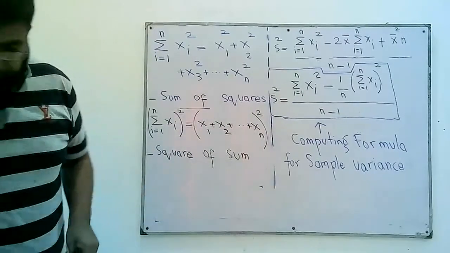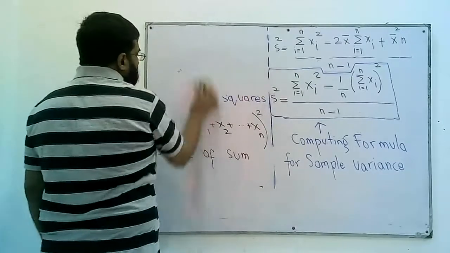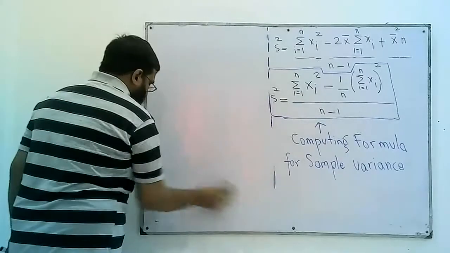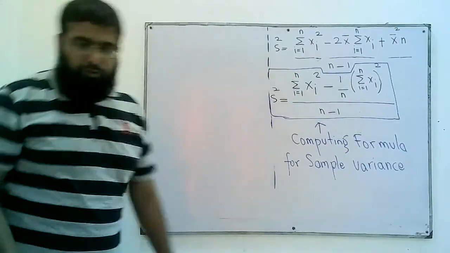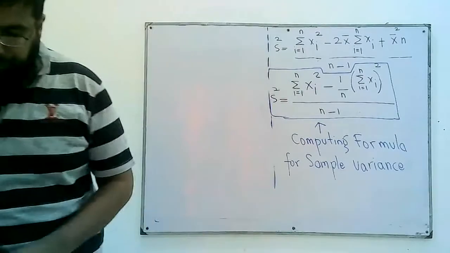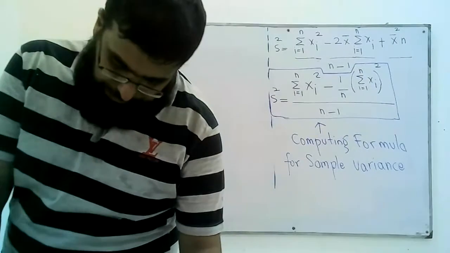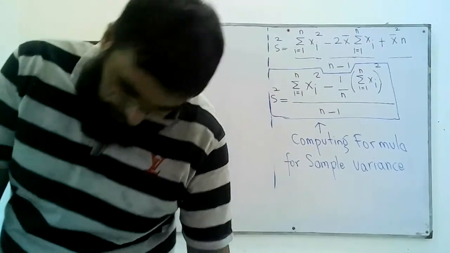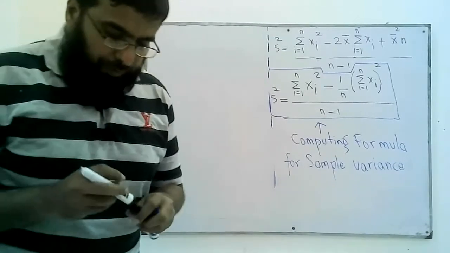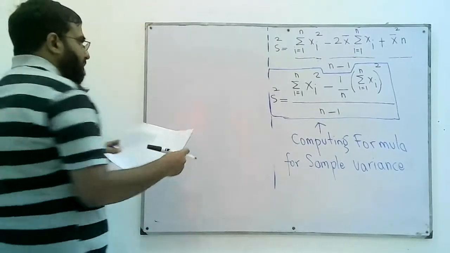It's efficient compared to the previous method, and we reach the same answer. This is very important. We reach the same answer in both cases, either through a difficult path or the easier path. That's the good news. So why not adopt the easier path? That is what this computing formula means. We go through the easier path and we reach the same result.